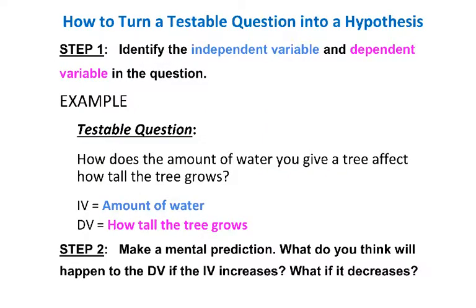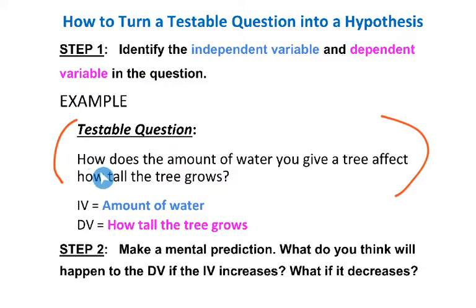Okay, so let's talk about how to turn a testable question into a hypothesis, into a prediction. So when you see a testable question, the first step is to identify the independent variable and the dependent variable in that question. So for example, let's look at this testable question right here. How does the amount of water you give a tree affect how tall the tree grows?